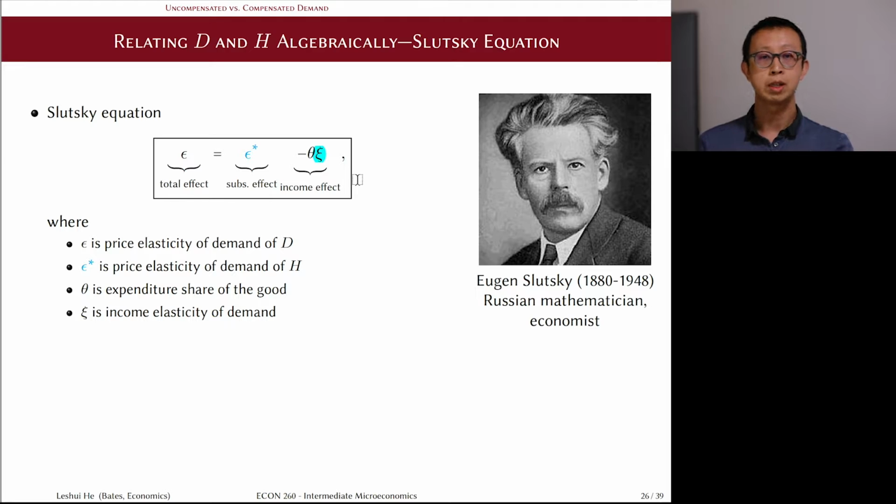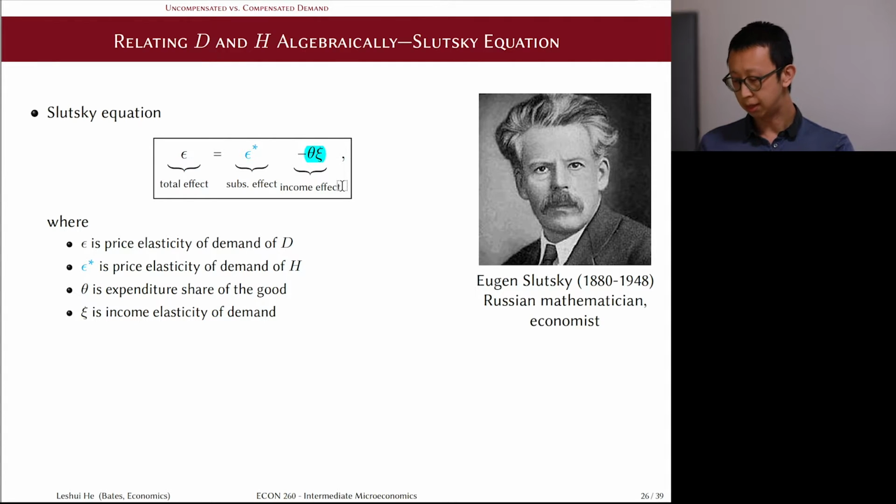So the overall income effect is a combination of these two terms, or two different parts of this channel. Theta controls how much the change in price affects the effective income, and then xi controls how much the effective income affects the demand of this good.